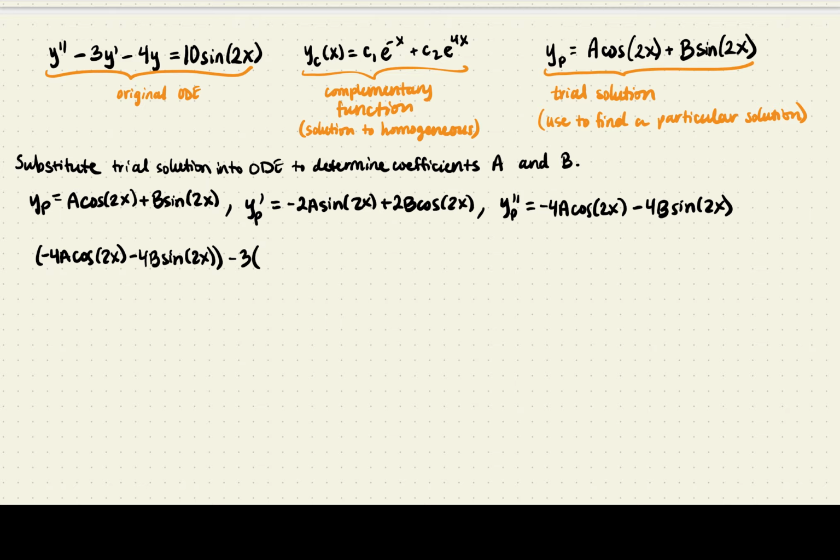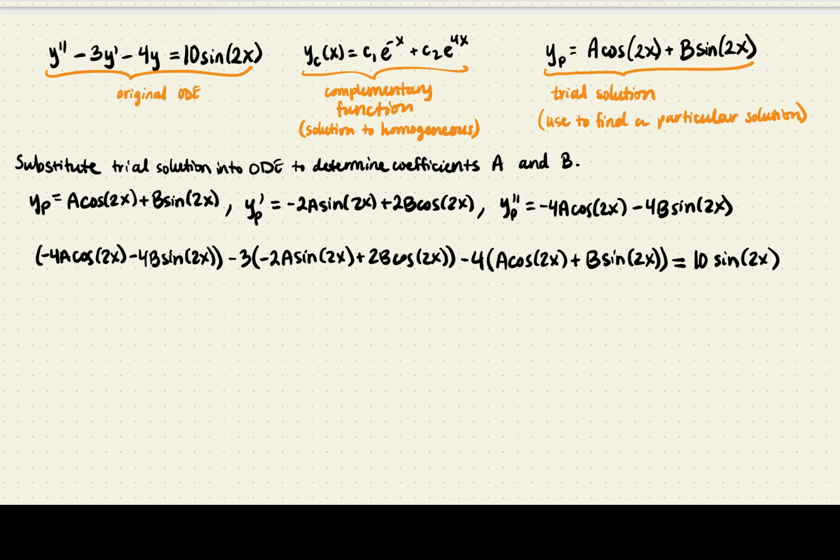Minus 3 times y prime, which is negative 2A sine 2x plus 2B cosine 2x, minus 4 times y, and that's just y sub p here, A times cosine 2x plus B sine 2x, and I'm setting that equal to the right-hand side, which is 10 sine 2x.